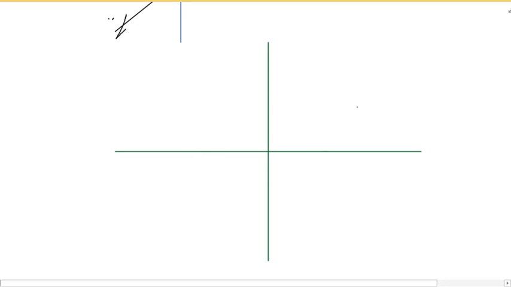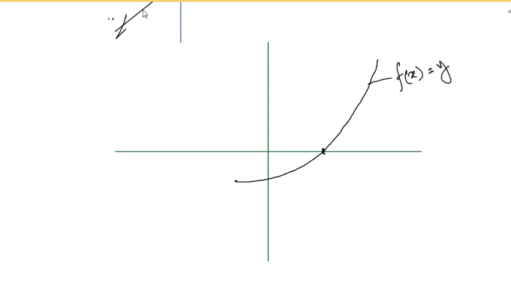So this is a function. This is a function of x equals y, and we don't know the solution or the root of this equation, the value for which the function will become 0. This one, and this is our expectation.